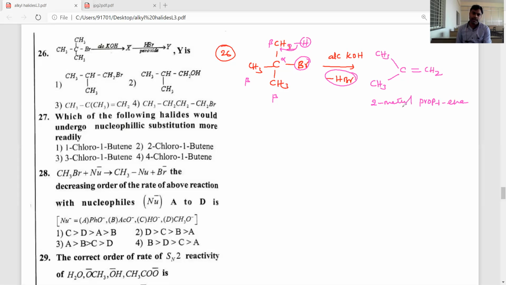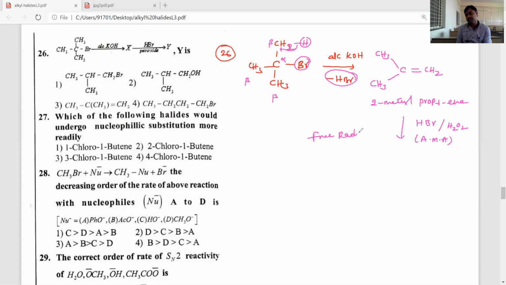Next, this product X is treated with HBr, hydrogen bromide, in the presence of peracids or peroxides, H2O2. It is nothing but an anti-Markovnikov addition reaction, which is a free radical addition reaction.